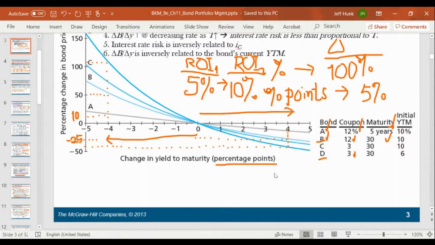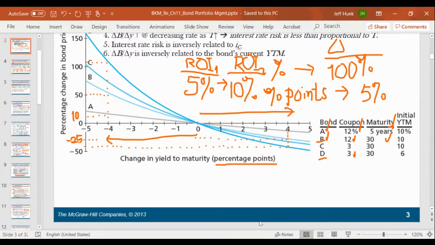But since it is a curve, it cannot have just a single slope, right? I mean, the slope here is different from the slope here, right? A curvature has an infinite number of slopes as you move along the curvature, right?